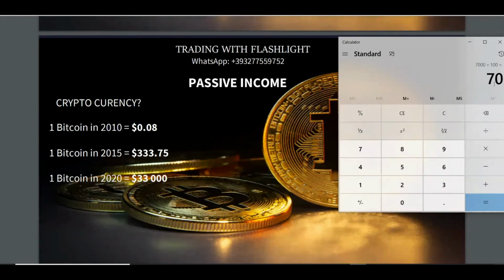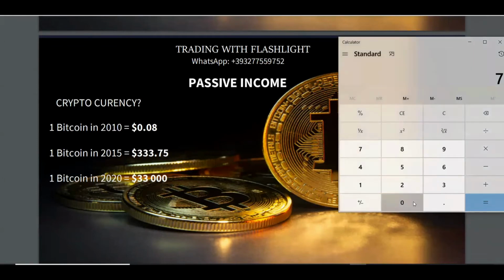Now this is 1%. Now we take the 33,000 and divide it by 70. So the person is making 471%.